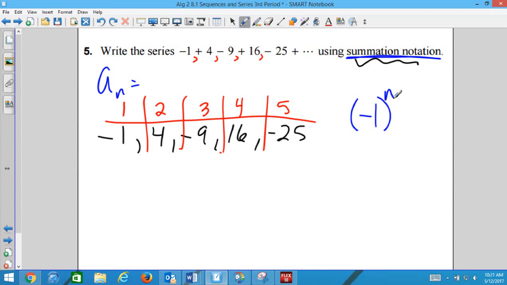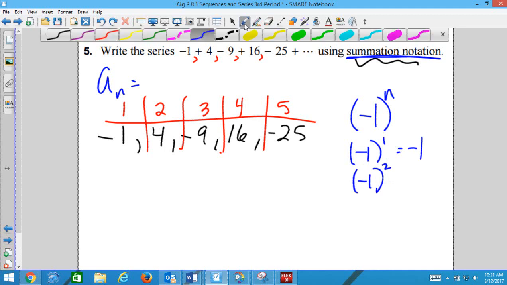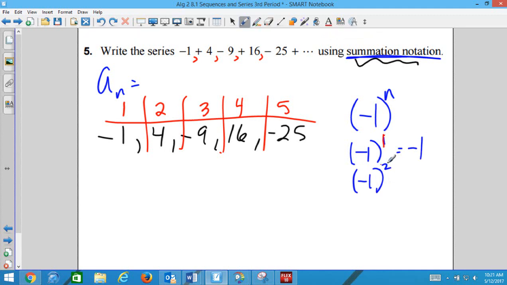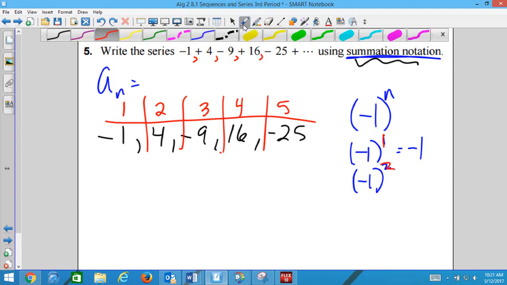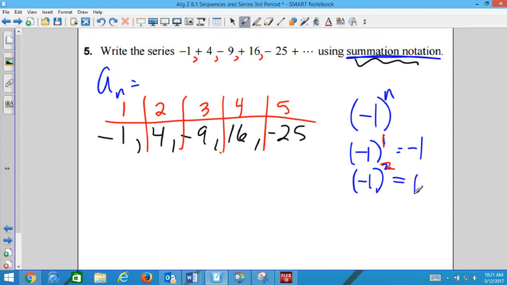So if I put in -1 to the first, what do I get out? Okay, -1. Let me make those red so you can see. These are the input numbers. If I put in -1 to the second, what do I get out? Positive 1. If I put in -1 to the third, what do I get out?